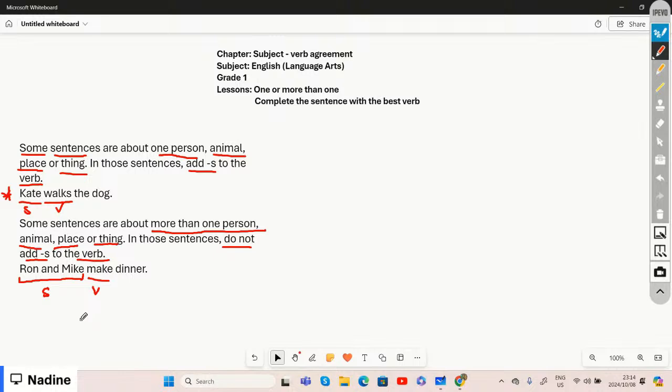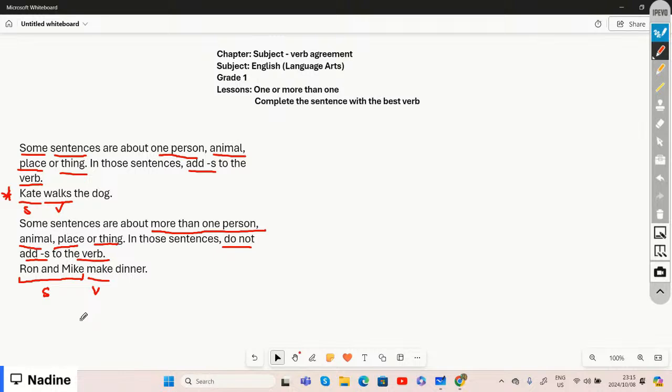And if there's more than one person doing something, then we do not add an S to our verb. And that is why we say our subject needs to agree with our verb.